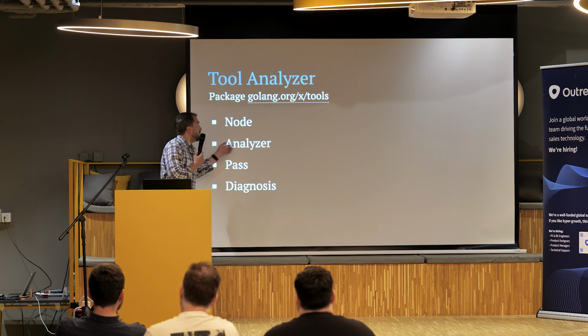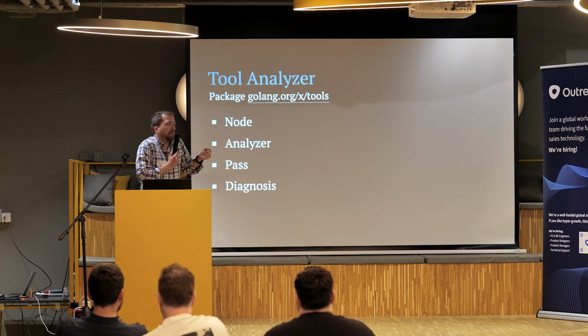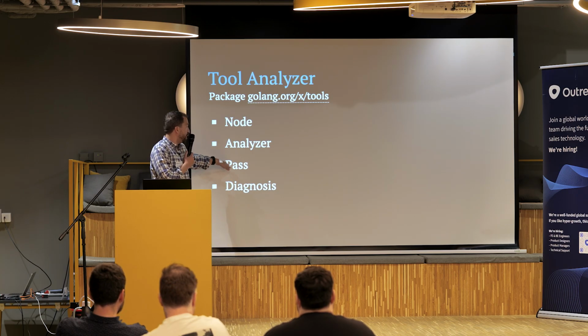Then we have the analyzer. This is where the business logic is going to go. So the linter logic is going to go inside the analyzer. Inside the analyzer, we have these two parameters. We have the pass, which is in charge of building the nodes based on your source code files.